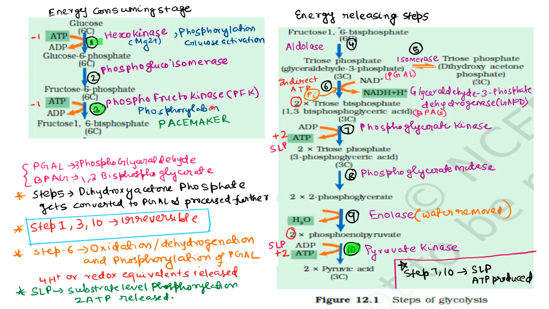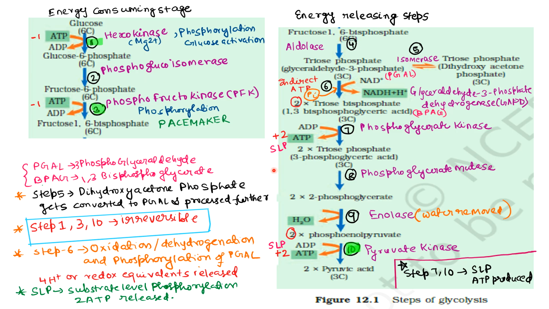Okay, so look here, in the energy consuming stage, we are utilizing two molecules of ATP, and in step number 7 and step number 10, we are having two molecules of ATP produced. So 2 plus 2 makes it 4. So the total net gain of ATP comes to 4 minus 2 which are consumed.